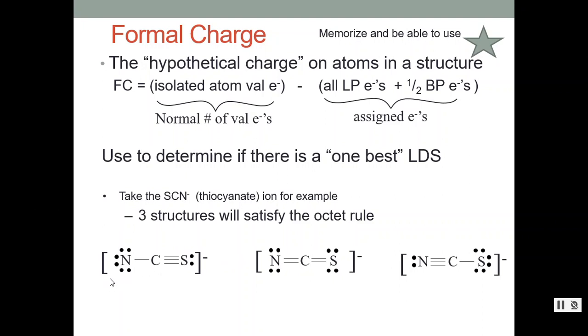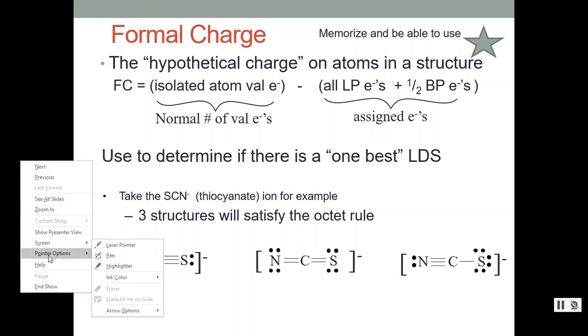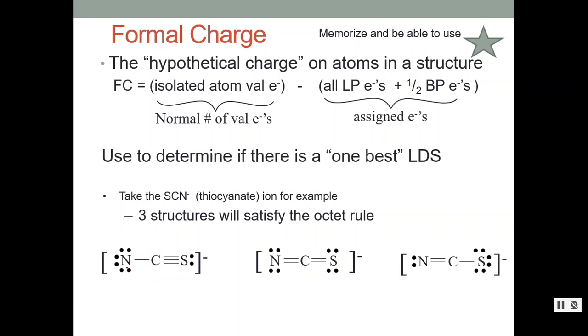I'm going to determine the formal charge on nitrogen. I'm going to take the number of valence electrons for nitrogen, which is 5, and subtract the sum of all lone pair electrons. Here you're going to actually count the number of electrons in those lone pairs. For nitrogen, I have 3 lone pairs, but that's a total of 6 electrons: 1, 2, 3, 4, 5, 6.